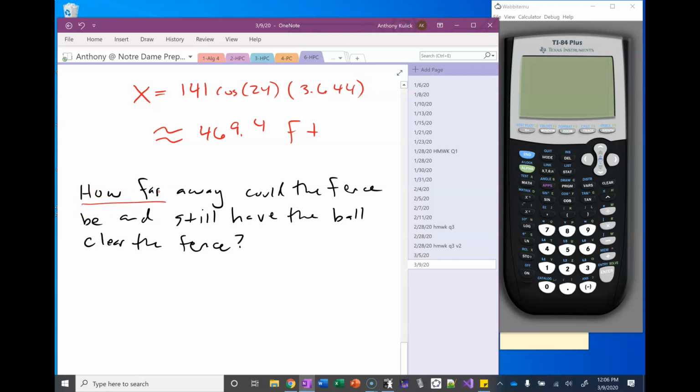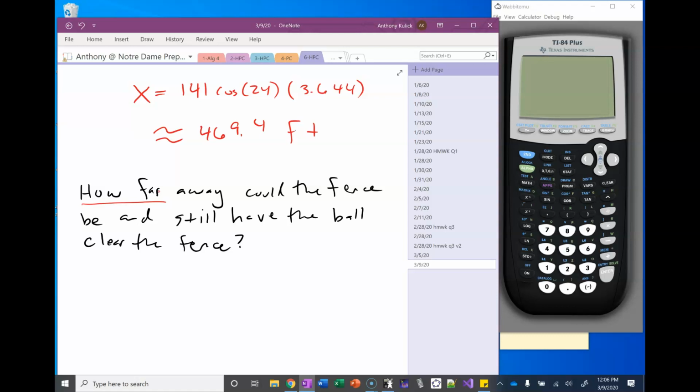How far is an X, right? That's a horizontal distance. So to find the value for X, we're going to need a T. We're going to get that T by solving the Y equation.